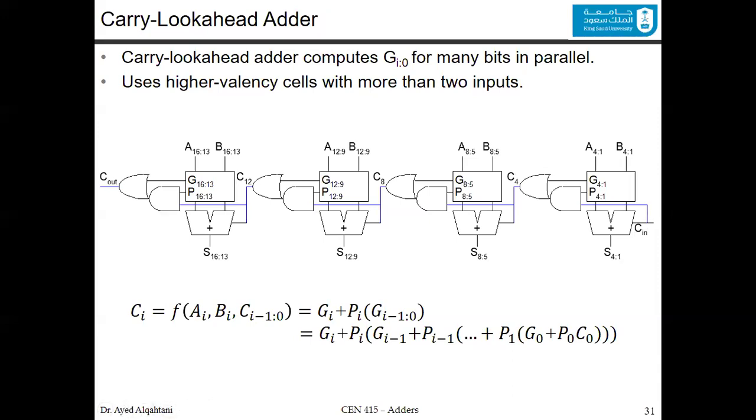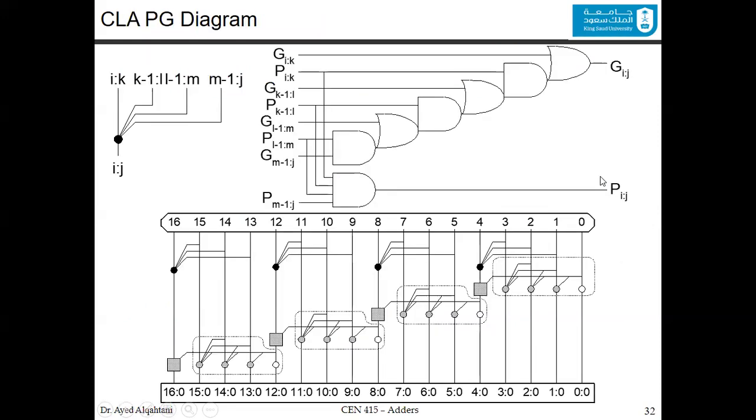Now, how to get the BG grouping of the carry look-ahead adder? We introduce it like this one. So the generation now, we calculate the equation and we found out that for a certain generation, it's either generation in the same stage or the propagation of a previous stage.